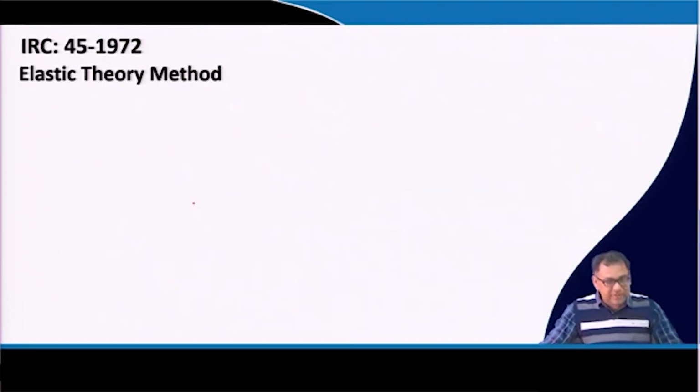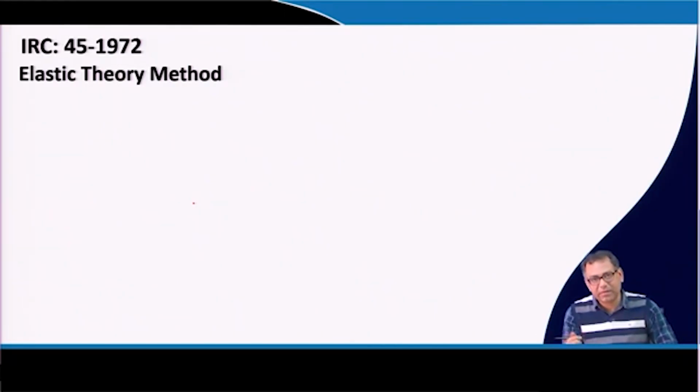Next, I will discuss the approach based on the IRC codal recommendation, IRC 45 1972, the elastic theory method. This elastic theory method is applicable for non-cohesive soil, and will not apply if the depth of the well below the scour level is less than 0.5 times the width of the foundation, in the direction of the lateral force.